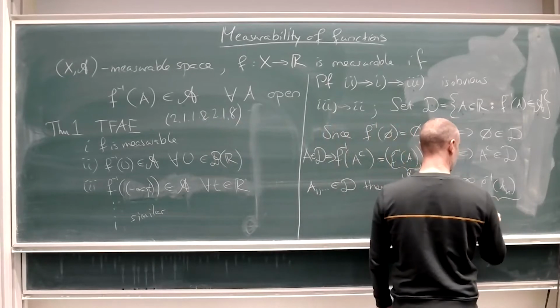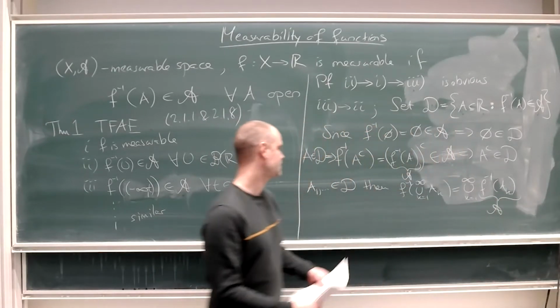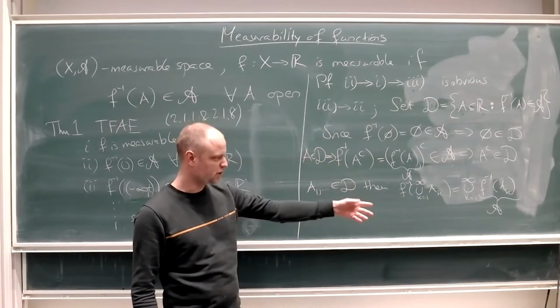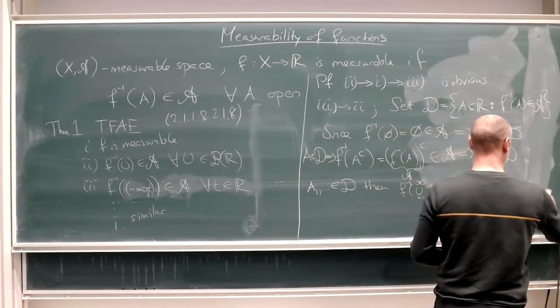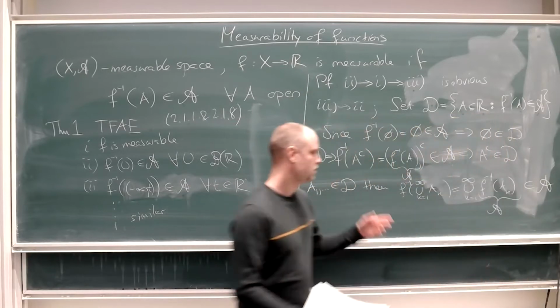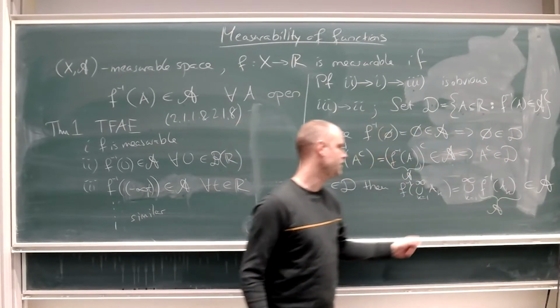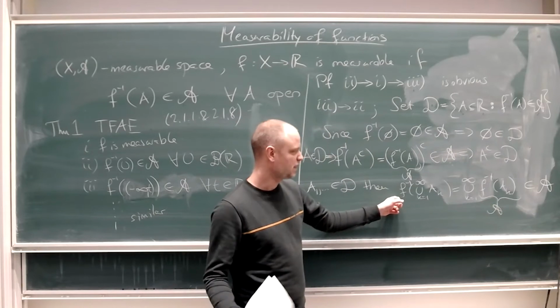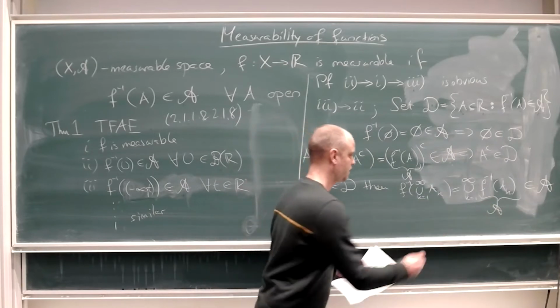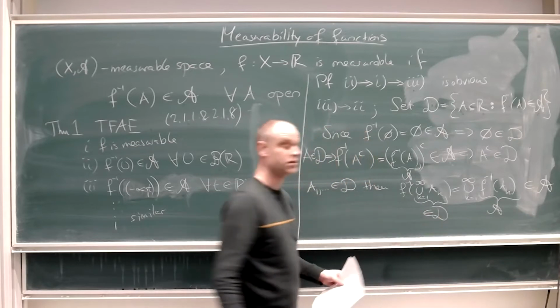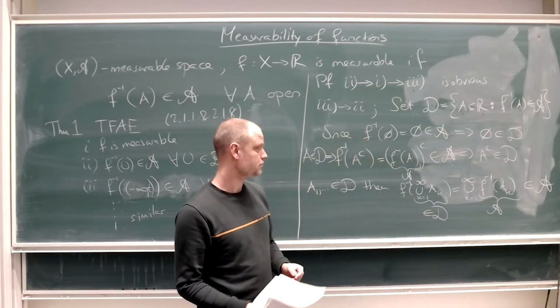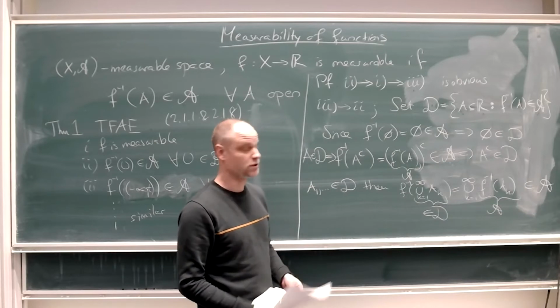And again, the A_k themselves are in D, which means their pre-images are in A. A is a sigma algebra, so you're allowed to take the infinite union. And so this whole thing is in A, which means that by definition, the set on the inside is going to be in D. And that's what we wanted to prove.